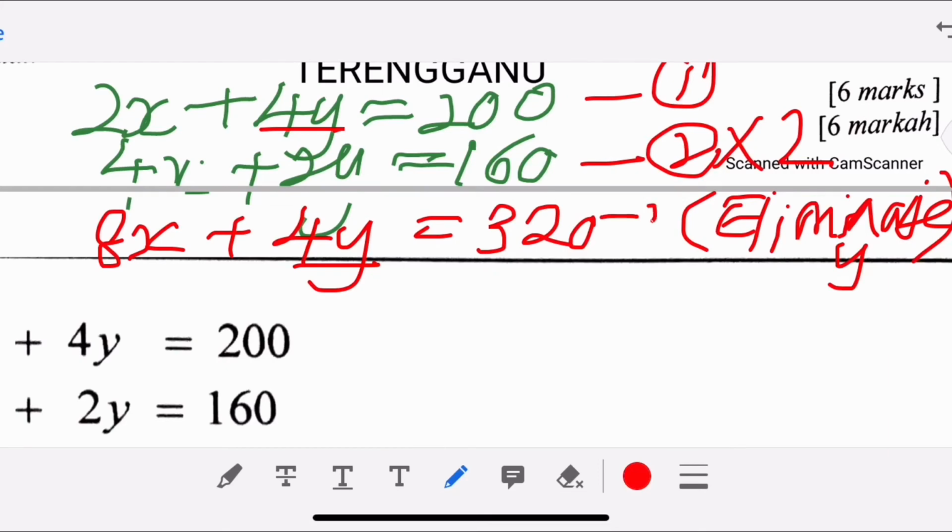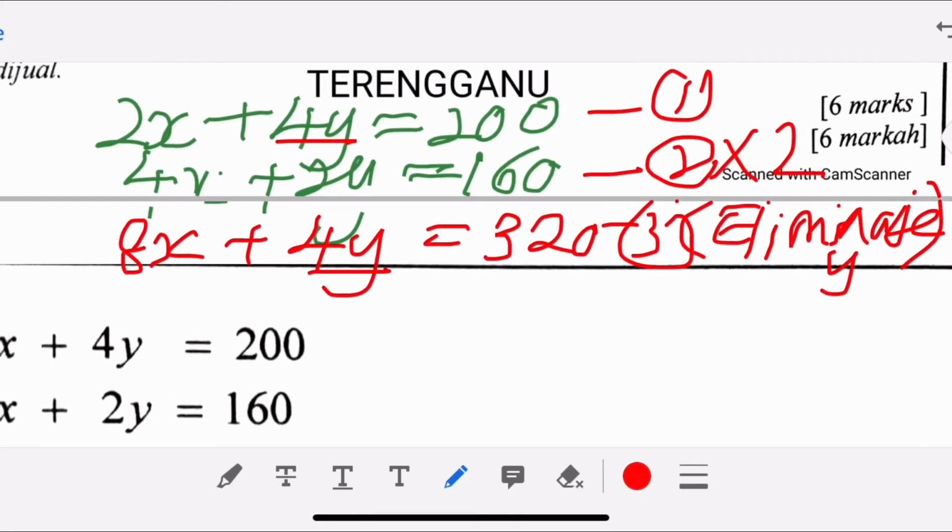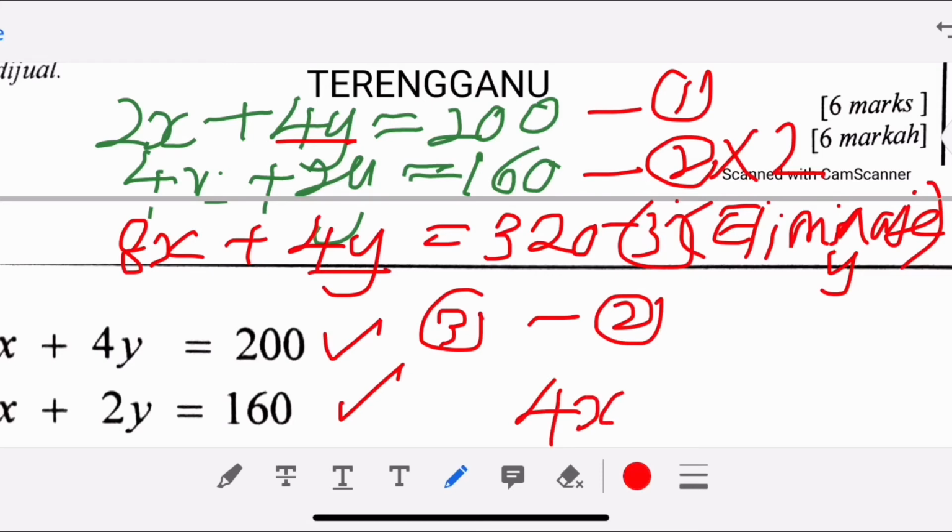Now it seems like both are having the same sign. If they are having the same sign, you must minus. Remember what I say? Same sign minus, different sign plus. The sign here refers to the coefficient of the unknown. So we are going to minus. When you minus, be careful.